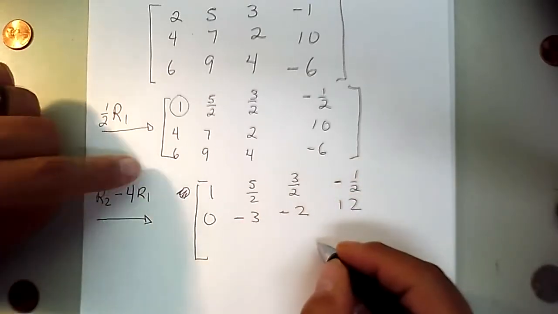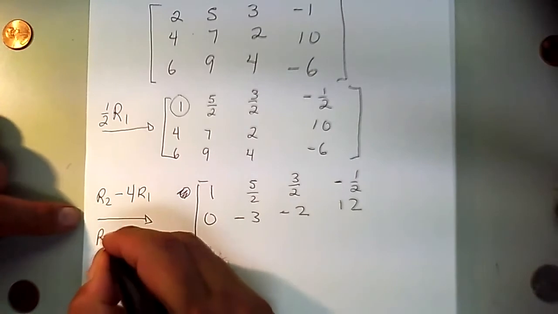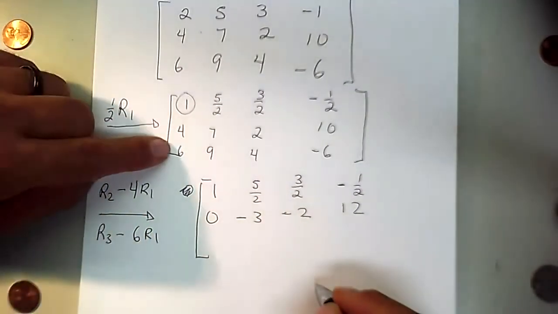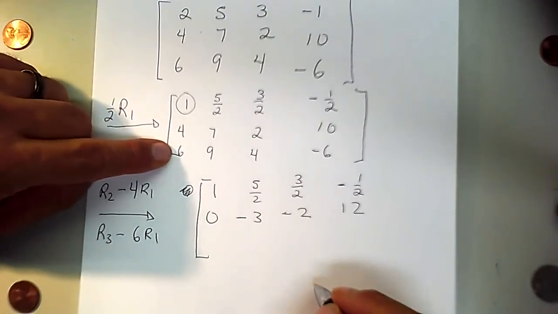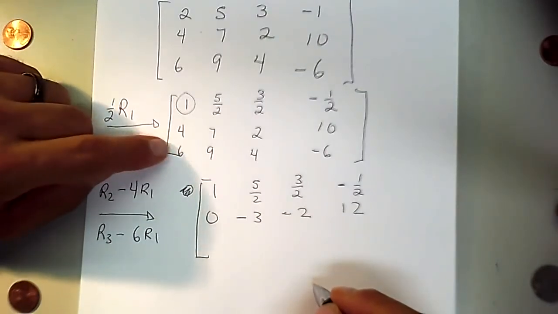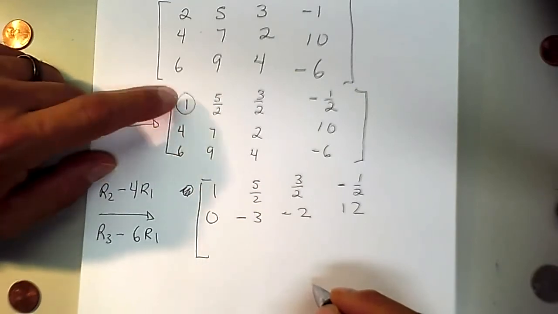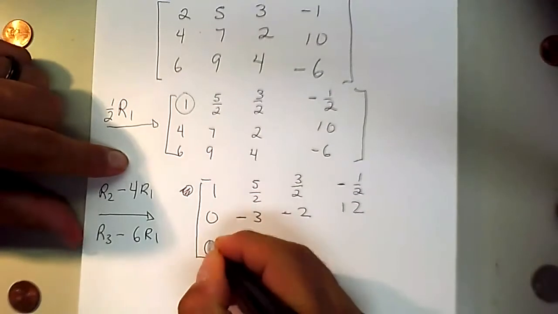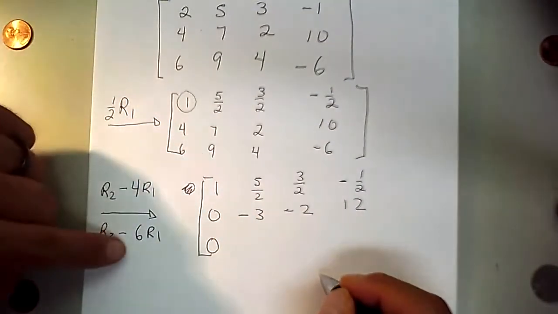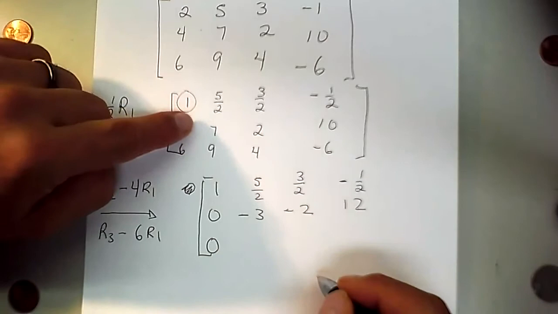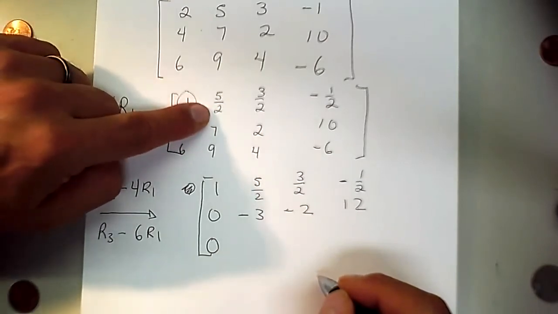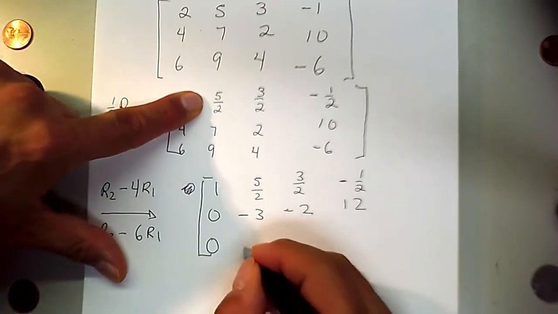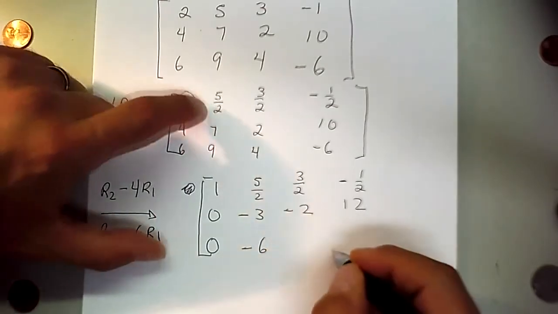The last row, we're going to do R3 minus 6 times R1. Now, how much do we need to subtract from the 6? So this one becomes 0. Well, we already have a 1, so 6 minus 6 is 0. So we're going to multiply by 6 this time. 6 times 5 is 30, divided by 2 is 15. So 9 minus 15 is negative 6.